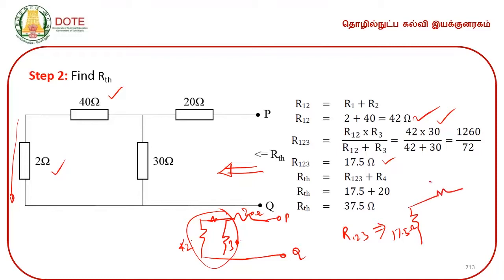Again it is 20 ohms here. So, P and this is Q. Now, the equivalent resistance or Thevenin's looking back resistance is the sum of 20 and 17.5, which is equal to 37.5 ohms. So, the second step is over.